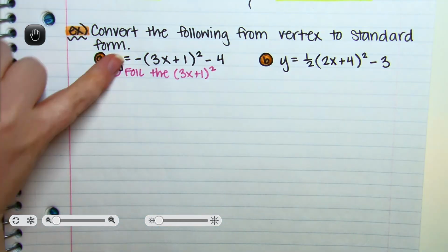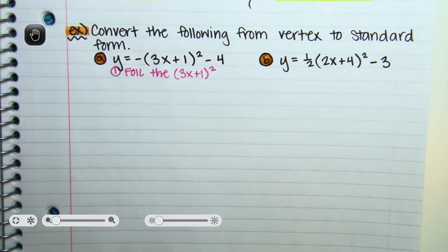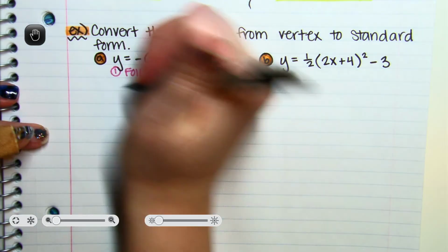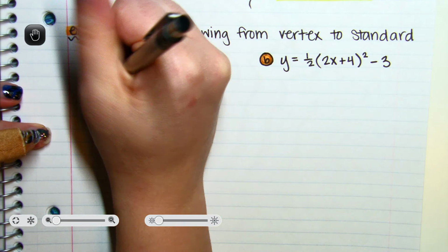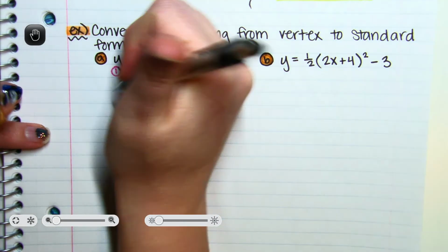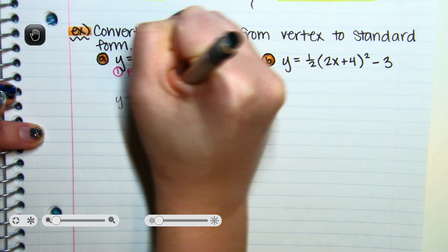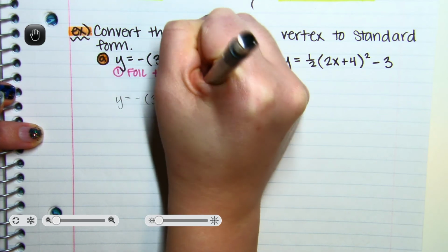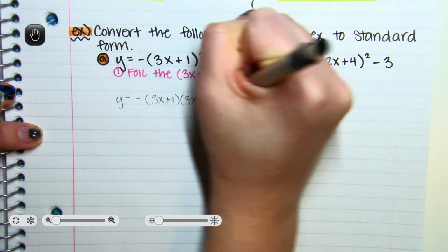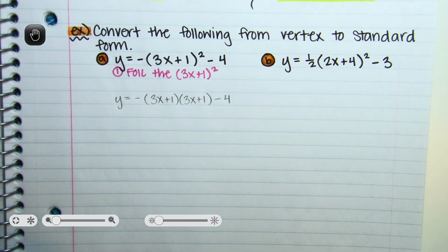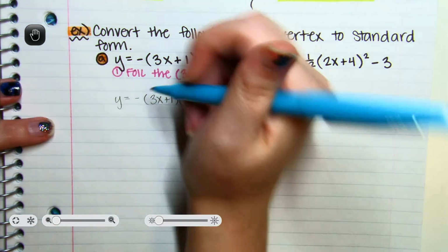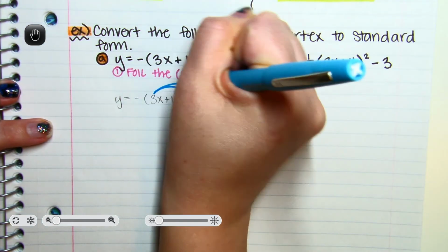So this negative sign is just going to stay hanging out in front. So let's see. Yeah, I'll show writing out them being multiplied. So 3x plus 1 times 3x plus 1, and then the minus 4 at the end. So now I'm going to FOIL this.